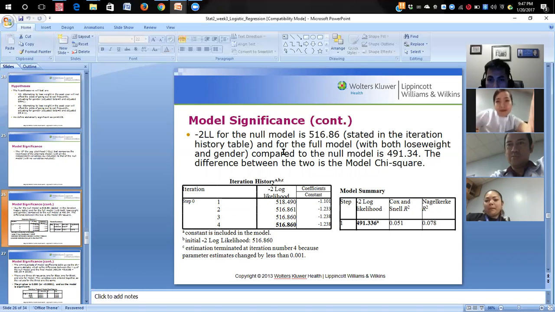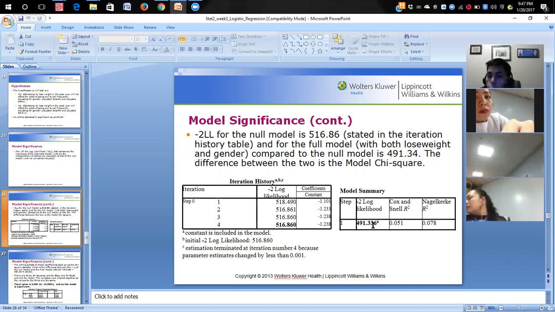And then it compared to the null model that is 491.34. So right here, the model summary shows you that 491.36 is the value for the -2 log likelihood, so logarithm.